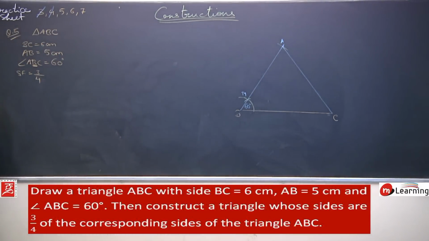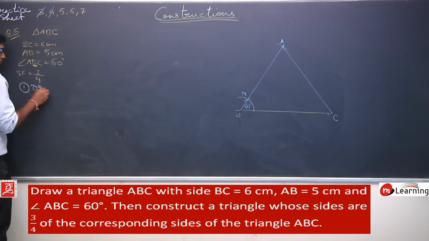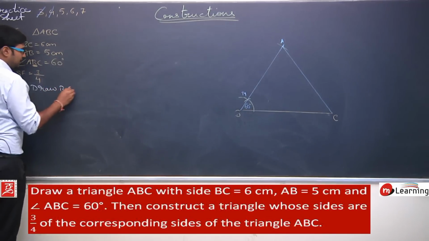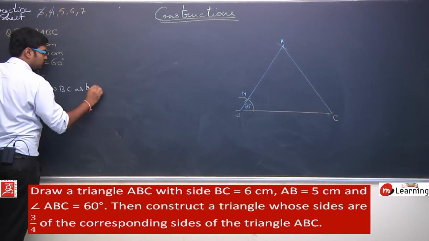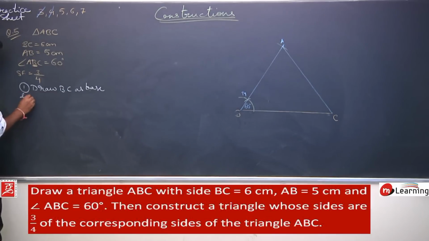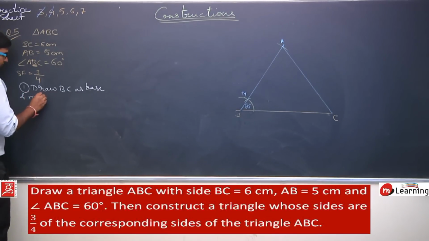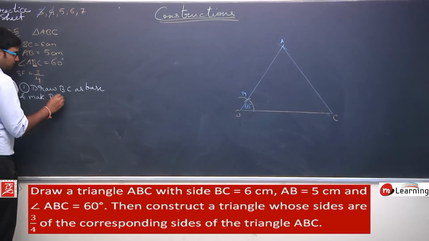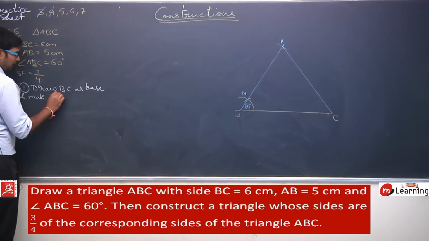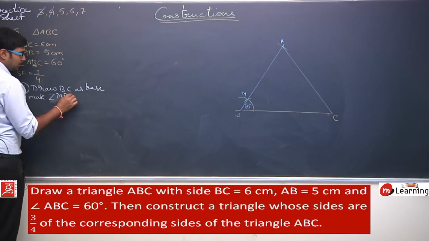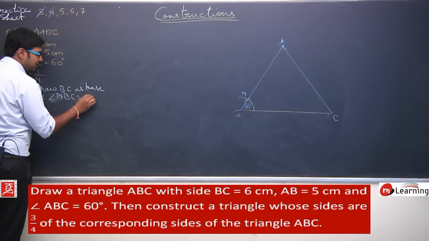So what are the steps that I have followed? The first step that I have followed is draw BC as base and make angle MBC equal to 60 degrees.